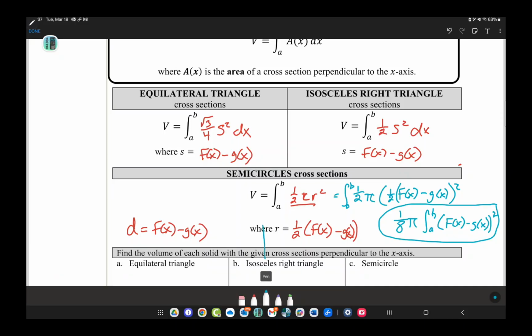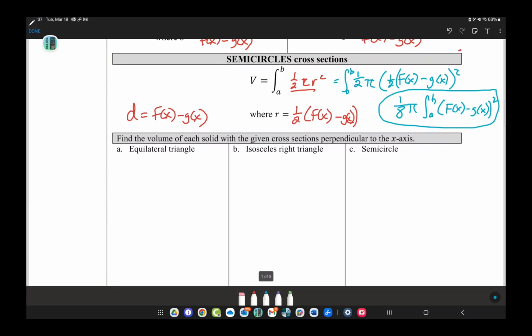So we're going to take that same information we had yesterday, where we had y is equal to the square root of x and y is equal to x squared as my 2 functions. Right?